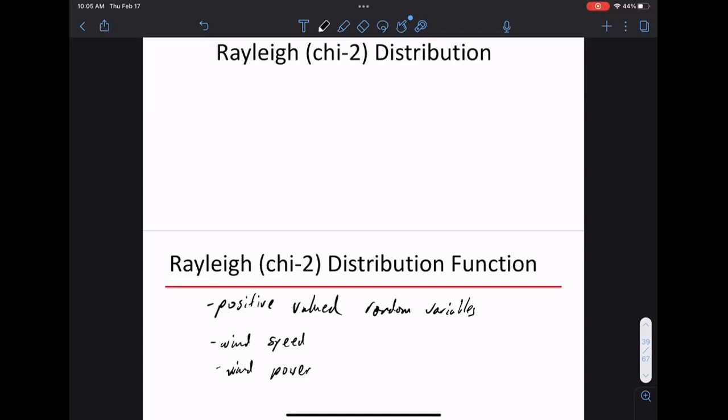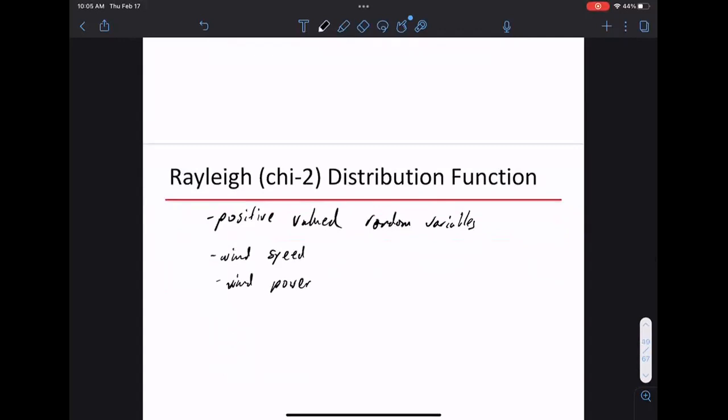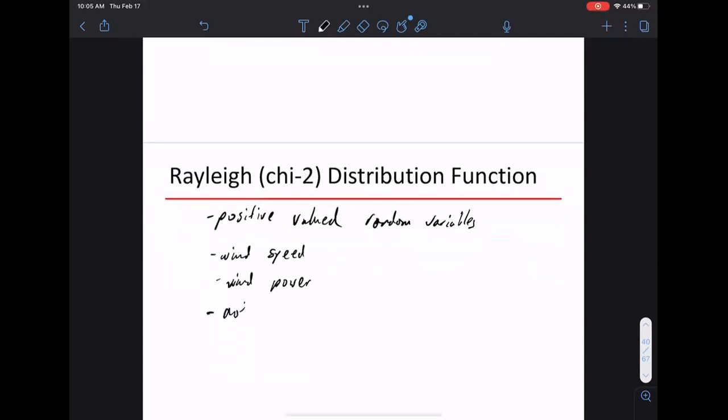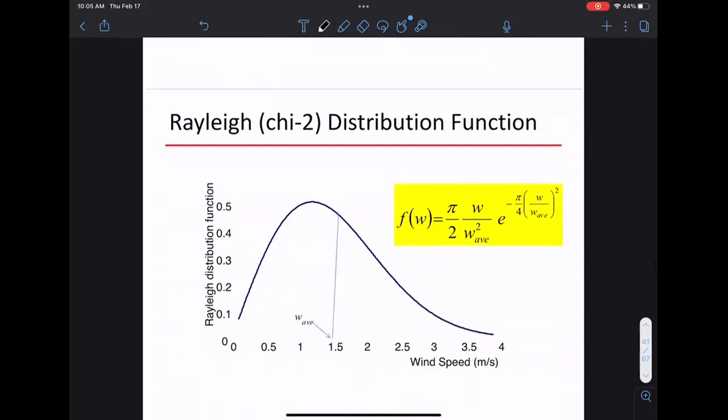And I want something that's not symmetrical around its mean. Especially for wind speed, you have a long tail of the possible speed. So you get this kind of chi-square distribution.